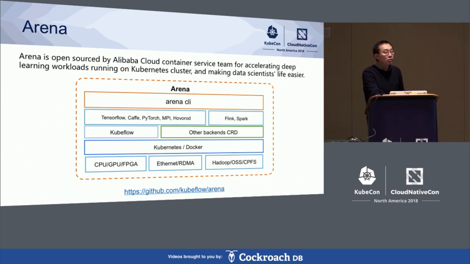They don't want to spend any time on the underlying infrastructure. They don't want to use kubectl, those specific command lines and tools. They prefer to use MPI or Spark or Yarn, such tools to submit a job directly and use the same tool to manage all the jobs all the time. So to ease their life, we created Arena.